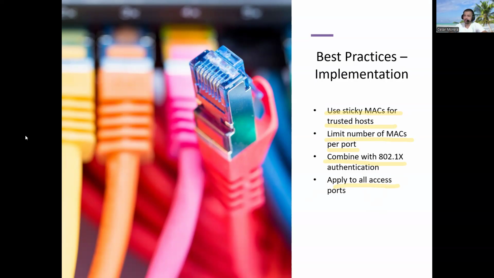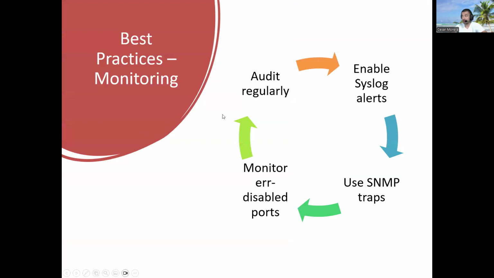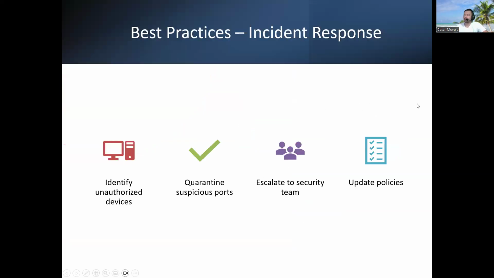Okay, let's change back to the drawing. Let's continue with the red one. Let's clear this. Moving on, when we're talking about monitoring, these are some of the best practices that we can talk about. Audit regularly, enable syslog alerts, use SNMP traps, monitor error-disabled ports.